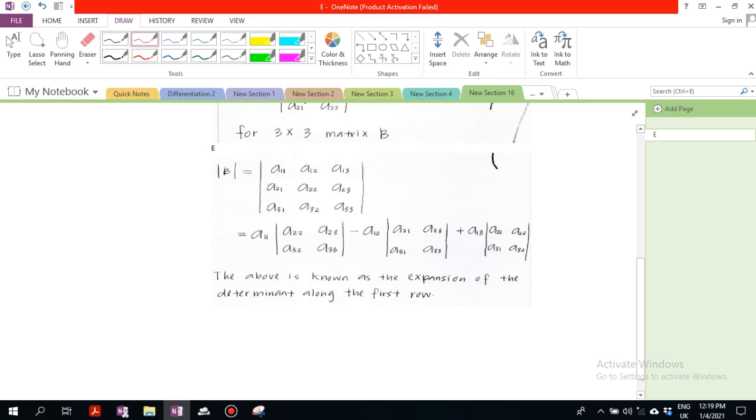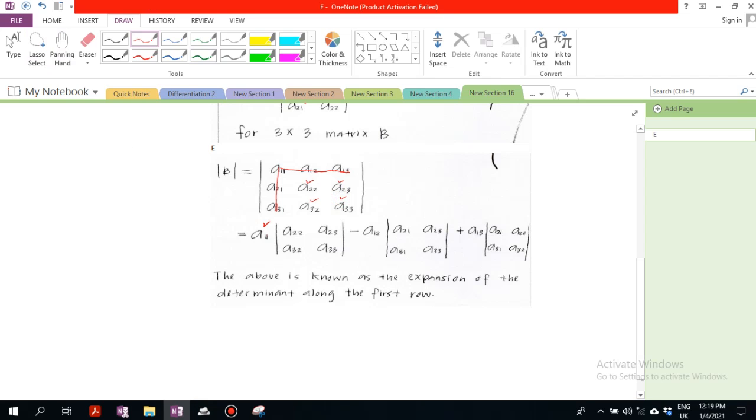For example this one, A11, you slash the first row and the first column, so your matrix remaining is A22, A23, A32, A33.